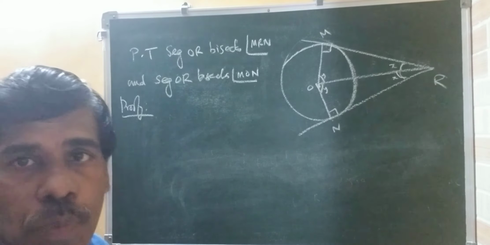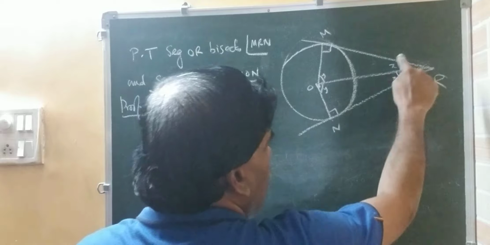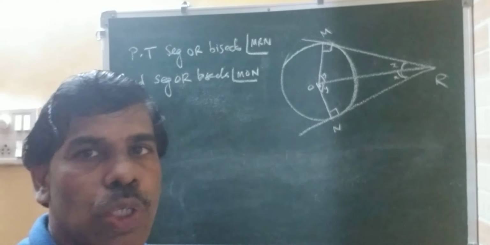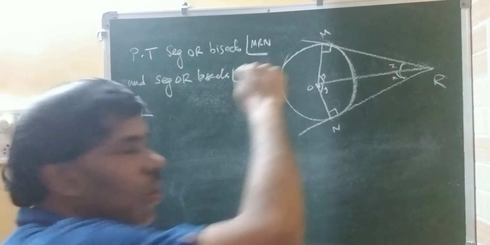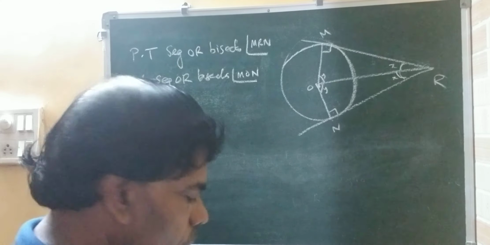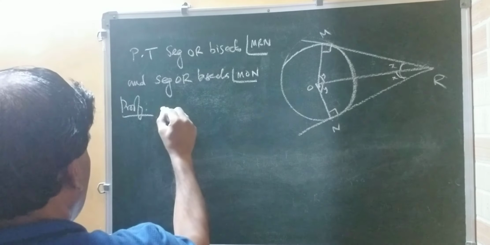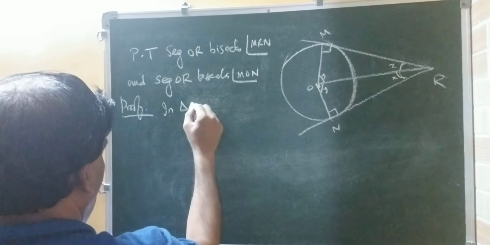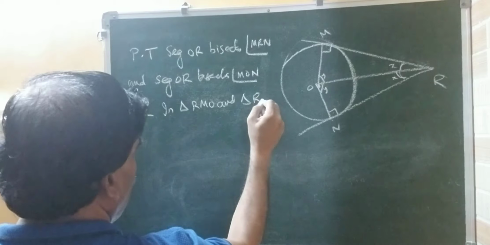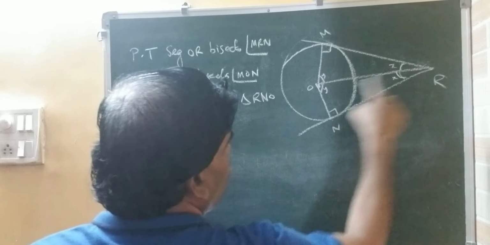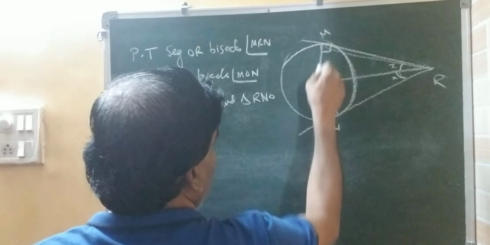See, what we have to prove is this line bisects the angle into two equal angles. Similarly, this line bisects this angle also into two equal angles. Now proof. In triangle RMO and triangle RNO, these two triangles I have taken.